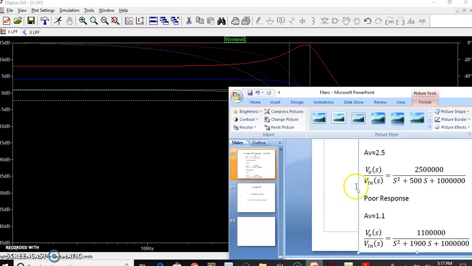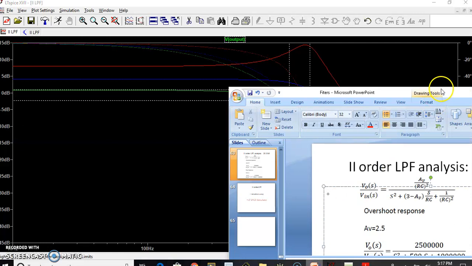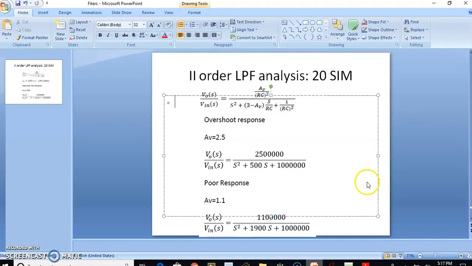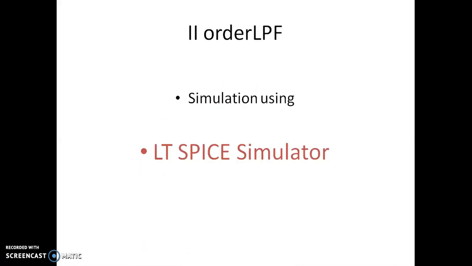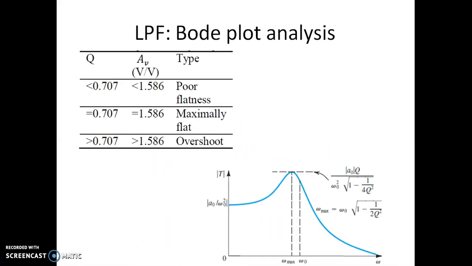That's what we saw. For less than 1.6 we had a poor response. For 1.56 it is maximally flat. For a gain of 2.5 in our case, there was an overshoot. So any gain more than 1.56 gives an overshoot.